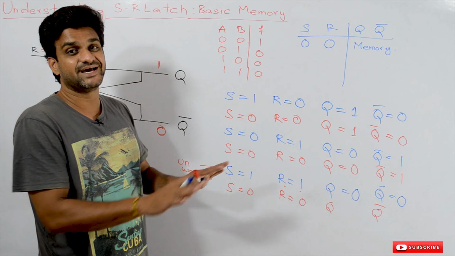Similarly, whenever we have S equal to 0 and R equal to 1, Q will be 0 and the value of Q bar will be 1. This case means that we are going to reset the value. This is what we call resetting the value.